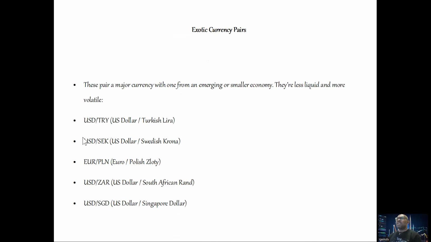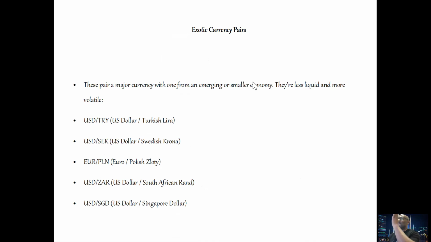All right. So we have the USD TRY, that is the US dollar and Turkish lira. Then we have the USD SEK, that is the US dollar and Swedish krona. We have the euro and Polish zloty. Then we have the USD South African rand. Then we have the USD Singaporean dollar.